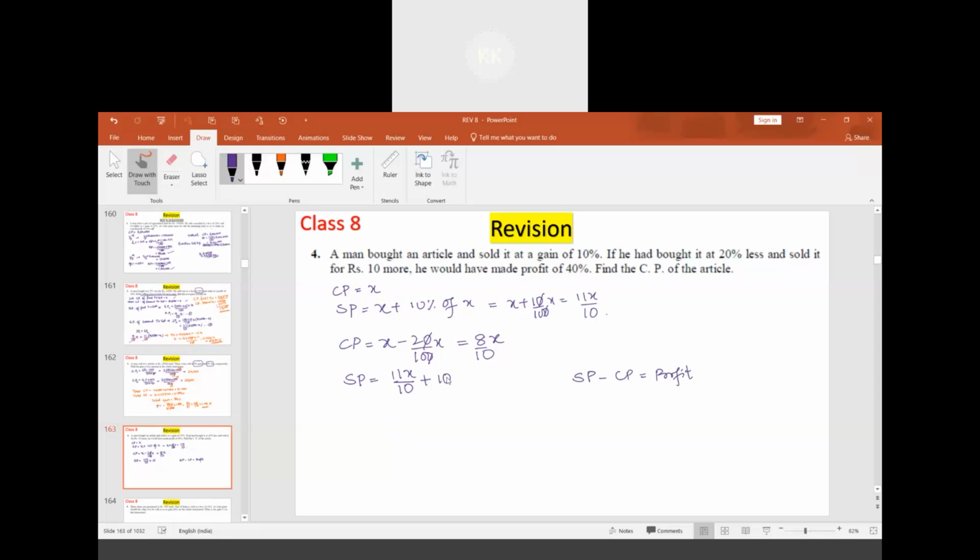So we have to subtract to get the profit, and the profit percentage is 40.